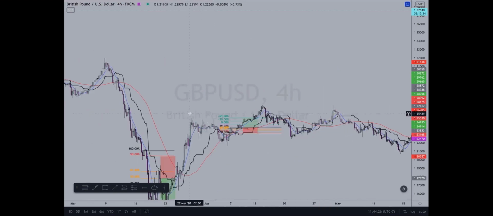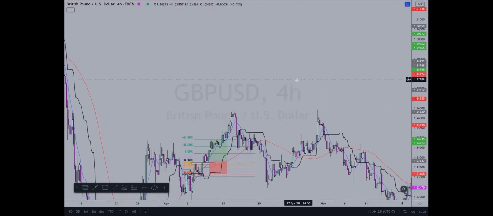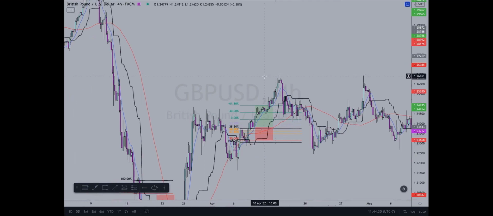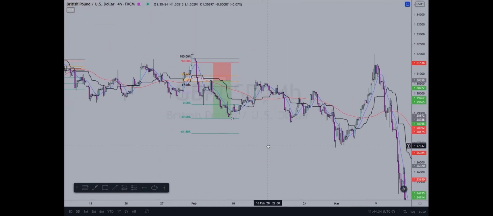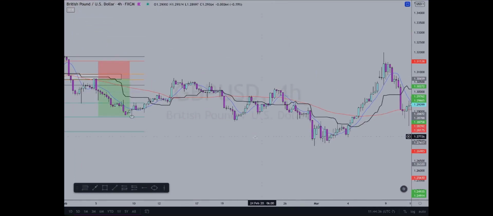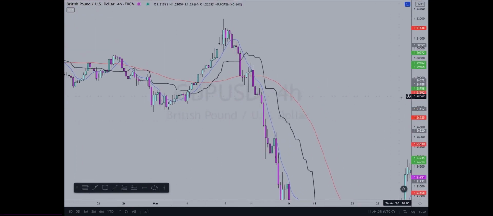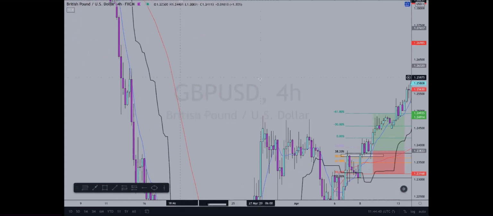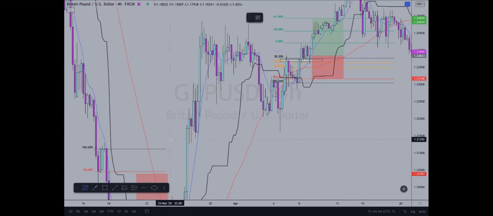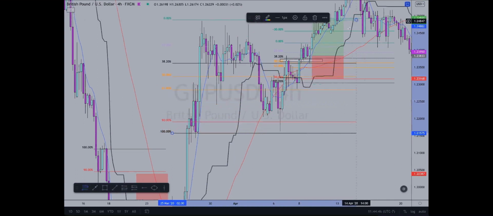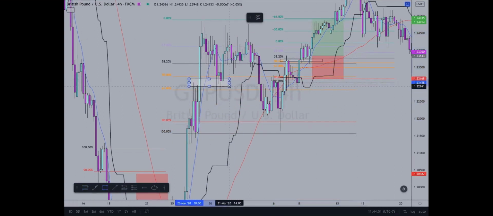Now, when should a Fibonacci not really be used? It's going to be hard to find an example, but let's say, for example, this. Right here, if we marked from this push to the top, we do have a Fibonacci rejection here.